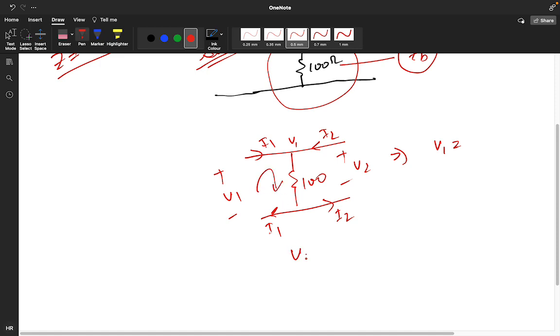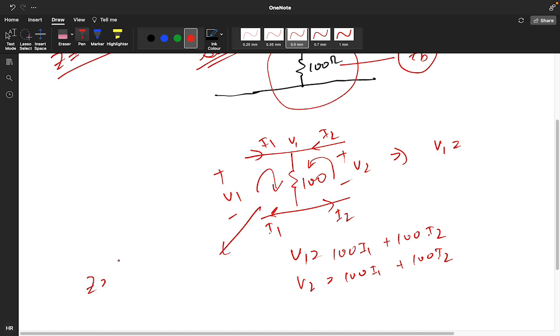If you apply the KVL, V1 is equal to 100 I1 plus 100 I2, and V2, applying the KVL, you will get 100 I1 plus 100 I2. So what is the meaning? The Z parameter is 100 100 100 100.